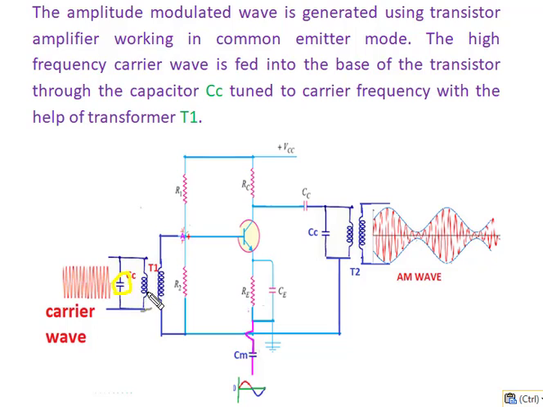So this carrier frequency is induced here, and then it passes through this potential divider. Here the carrier wave and the positive DC voltage combine. So the total positive voltage is fed to the base of the transistor, and then a low frequency modulating signal is given here.